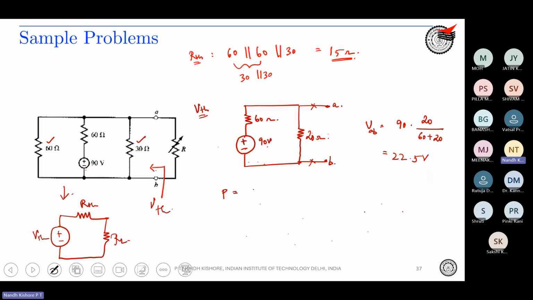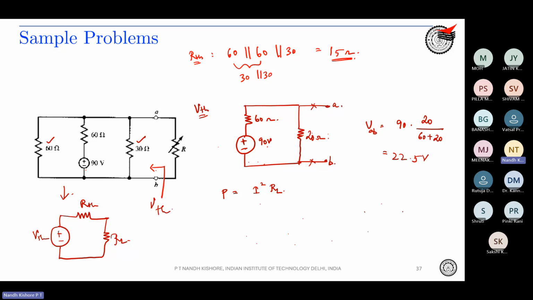So I can write that the power is basically I square RL. So what should be the value of RL so that I can transfer maximum power? VTH square upon 4 RTH.